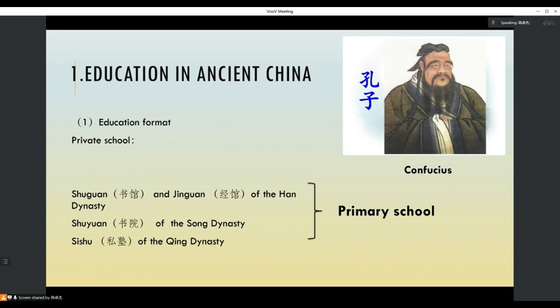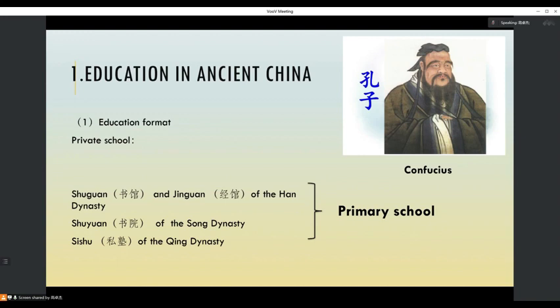It's a Confucius Institute. They give scholarships for Chinese students. 孔子学院, Confucius Institute.